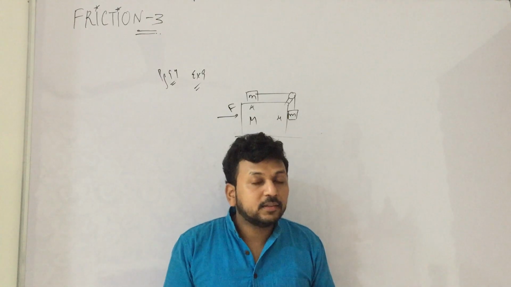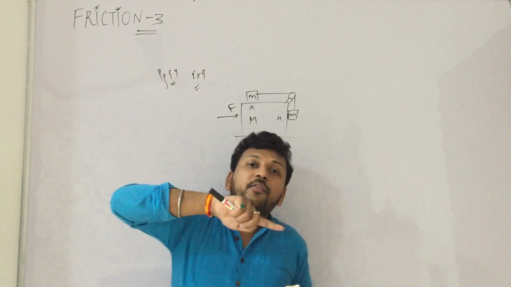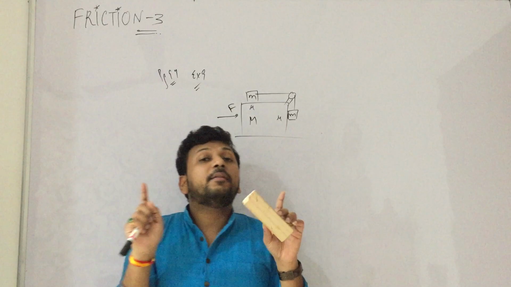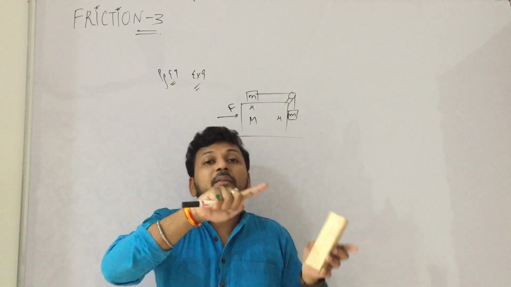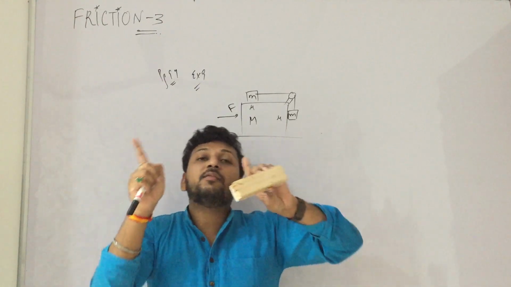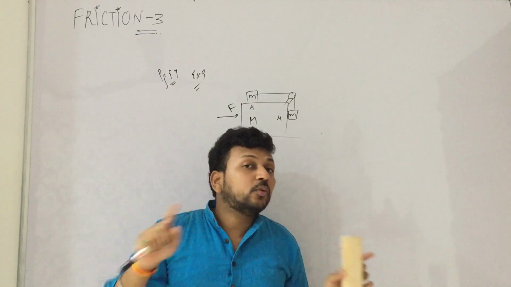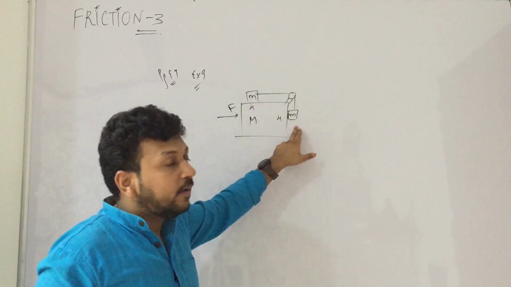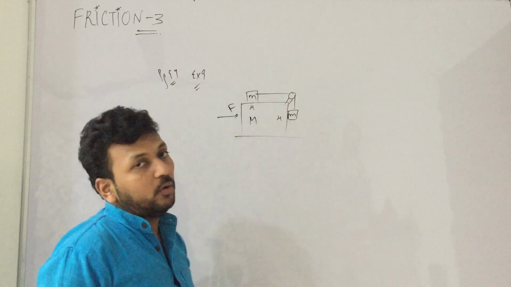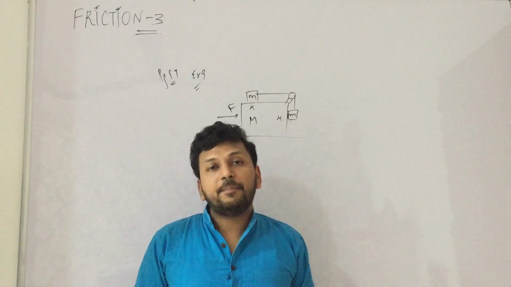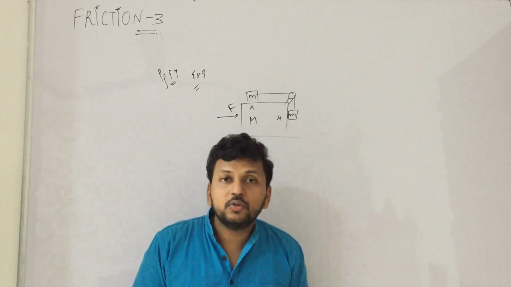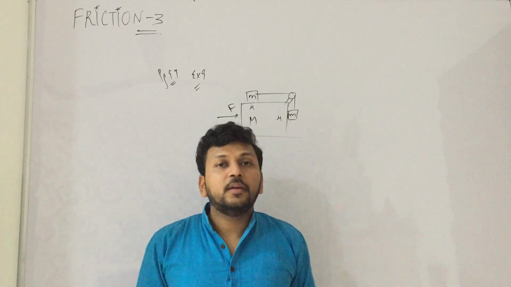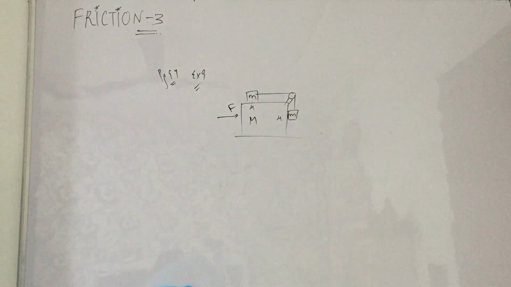If the force is less, then in the individual FBD friction will be in this direction. If the force is more, they will have a tendency to move like this and friction will be opposite. So you have to solve the individual FBDs of small m and then the combined FBD of the whole figure. This is the concept behind it. I am discussing the questions here and you have to solve it. If you face difficulties, let me know.